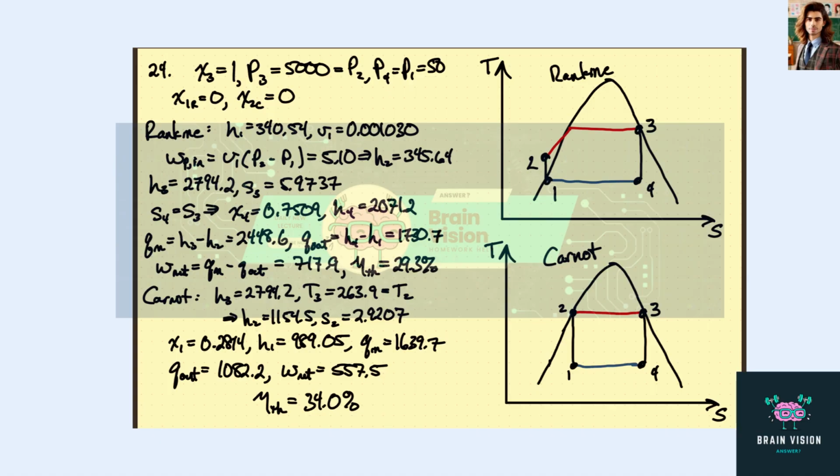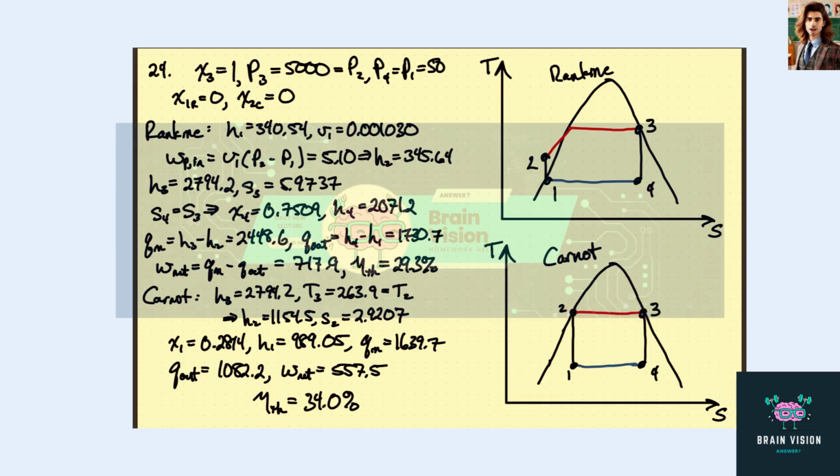Now, in the Carnot cycle, H3 is the same as before, and now we find T3, which is also T2. We know H3 and we know P3, so we get T3, and in a Carnot cycle, T3 and T2 are the same.